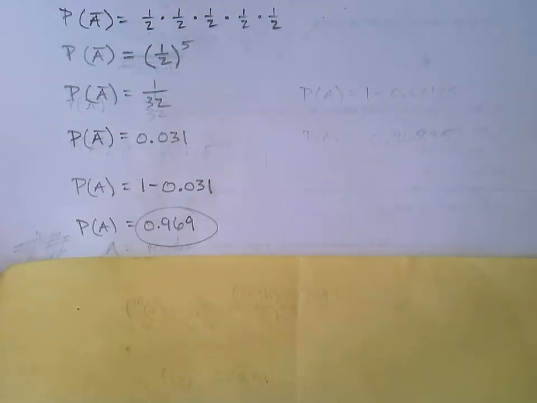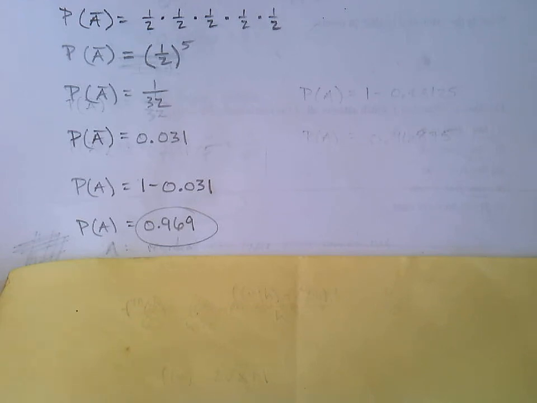Very high, almost 97% chance of getting at least one tail. And that fits probably with our understanding of flipping coins. You flip it 5 times, that tail is very, very likely.